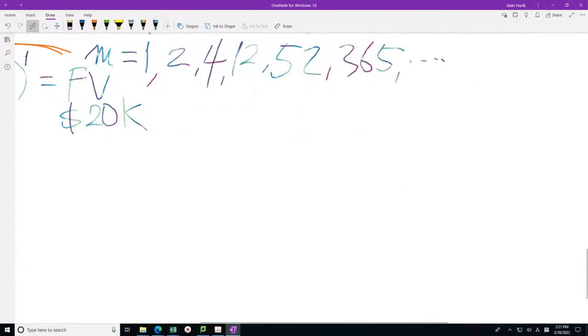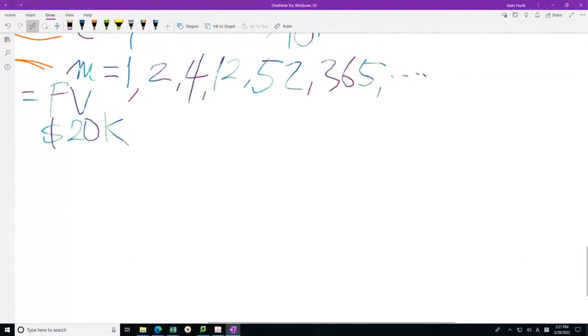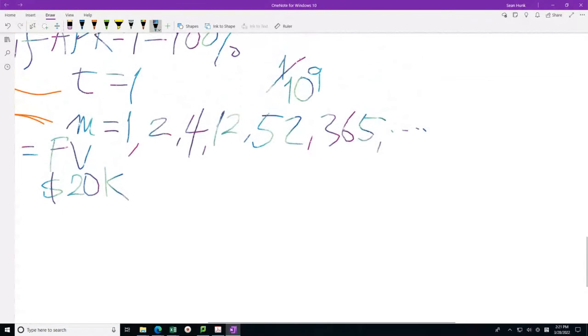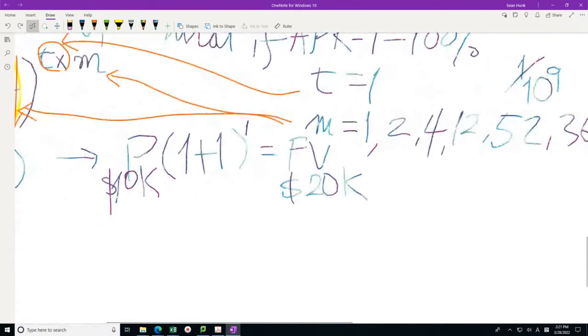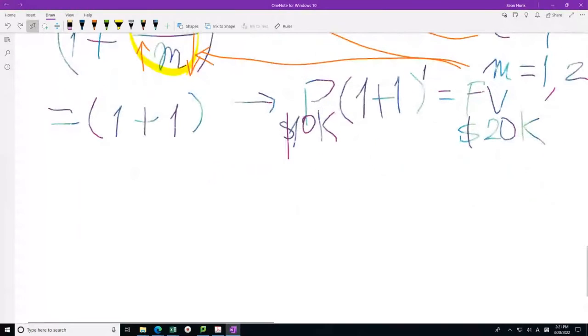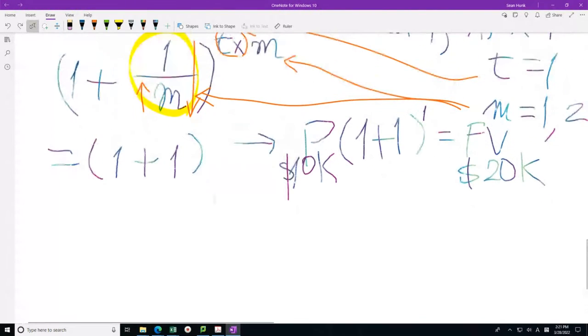Well, it can even go to infinity. That means if we increase M to infinity, what is this whole thing going to be?